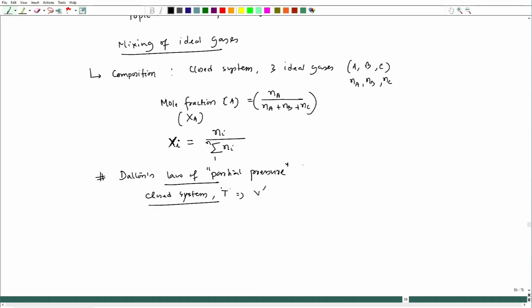This Dalton's law of partial pressure says that P, the total pressure of the system, should be equal to pA plus pB plus pC, where the partial pressures are written with a lower case p.